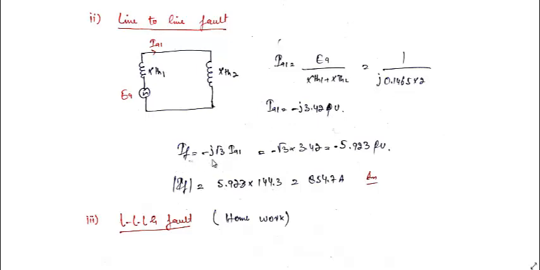IF is equal to minus j root 3 IA1. Because j into j will be minus 1, so minus root 3 into 3.42, and the minus signs make it plus. This is the actual value, 5.923 per unit. So the fault current magnitude will be 5.923 into 144.3, that is 854.7 amperes.